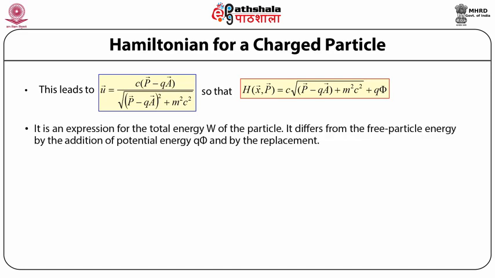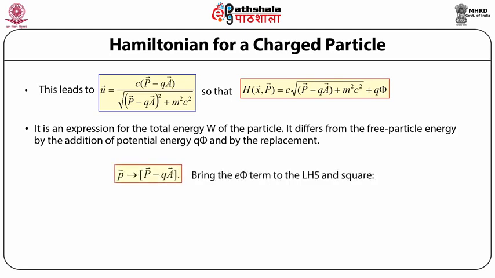Now it is an expression for the total energy W of the particle. It differs from the free particle energy by the addition of potential energy q phi and by the replacement of P by P minus qA. Now bring the q phi term to the LHS and we'll do the squaring.